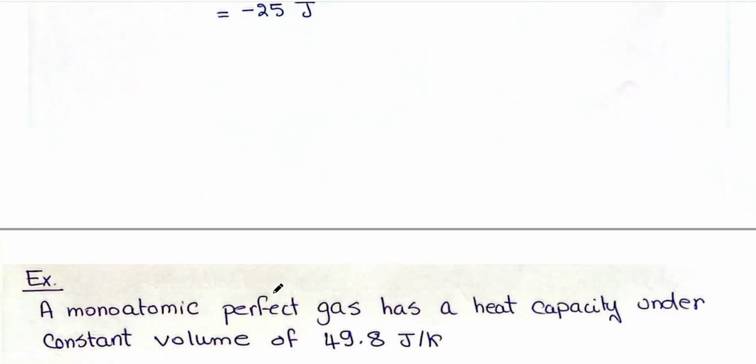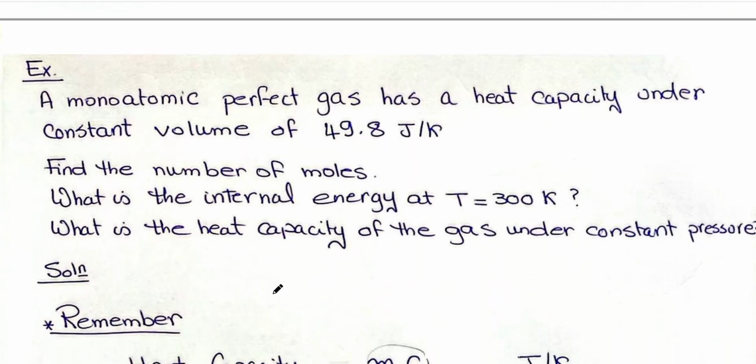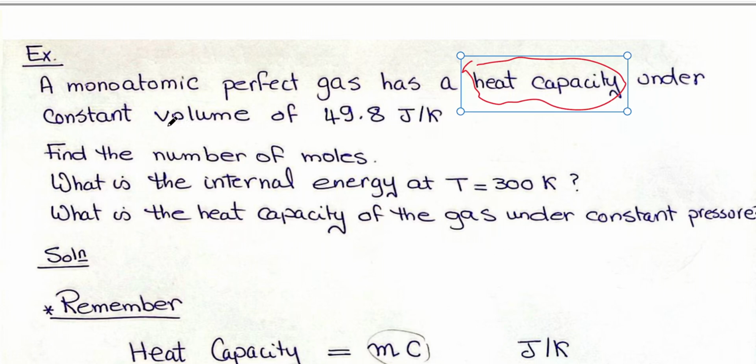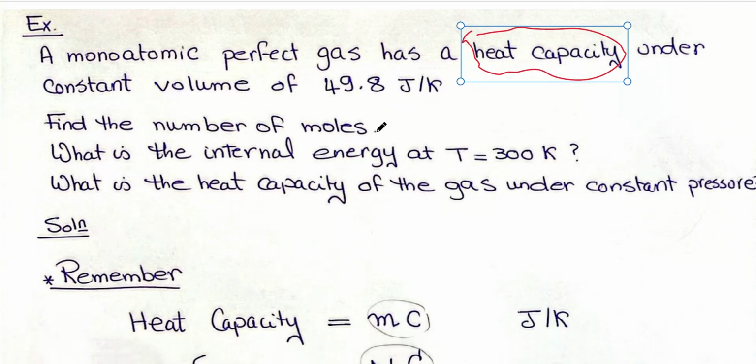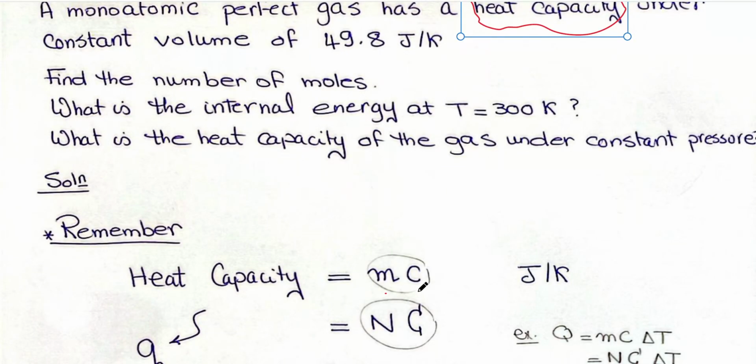Another example, it is stating that a monoatomic perfect gas had a heat capacity. We want to revise the terminology of heat capacity under constant volume. What is the heat capacity? We said before that the heat capacity is M multiplied by the specific heat, C, or N multiplied by the molar specific heat.